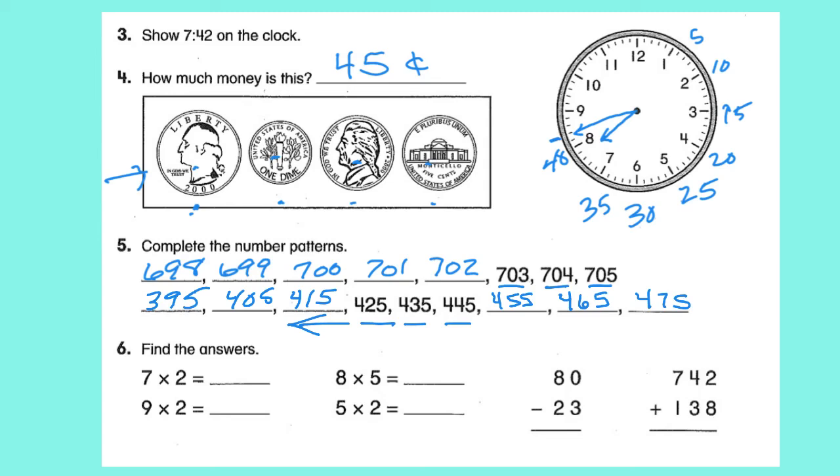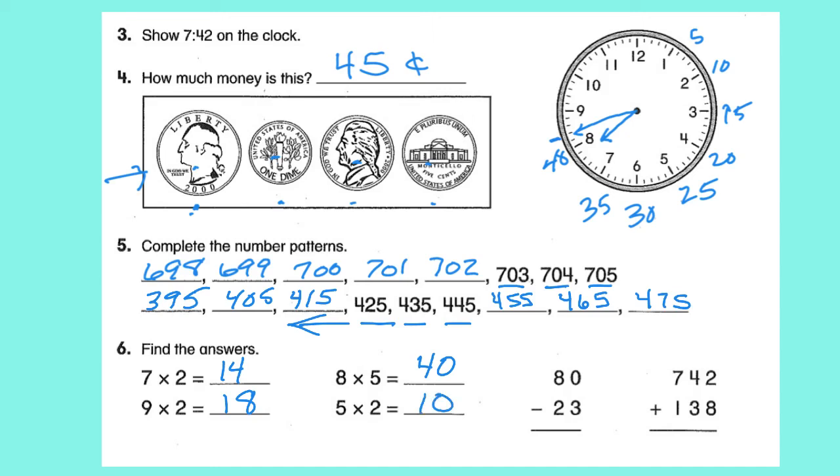So 7 times 2 equals 14. 9 times 2 equals 18. 8 times 5 equals 40. 5 times 2 equals 10.